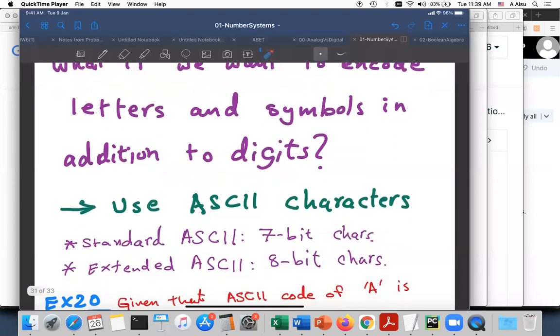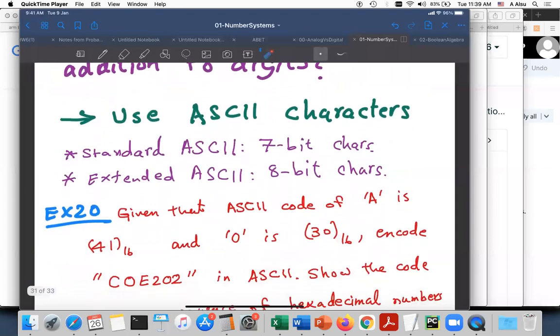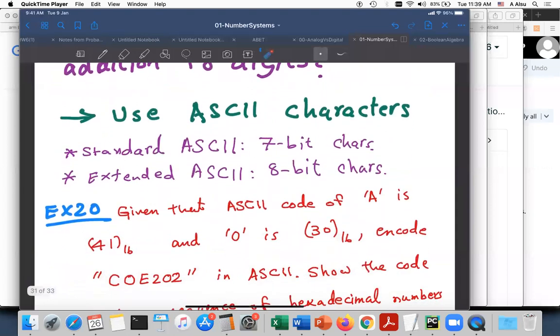Let's take an example about this. Given that the ASCII code of A is 41 in hexadecimal, and 0 is 30 in hexadecimal, we would like to encode this message here, COE 202, in ASCII. We can use either extended ASCII or standard ASCII.